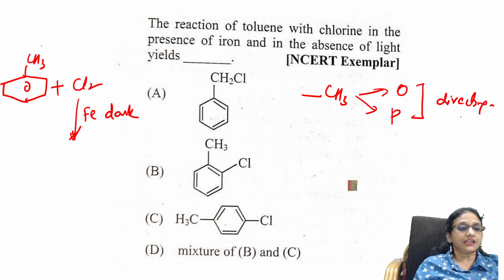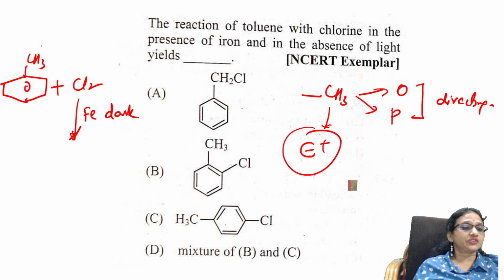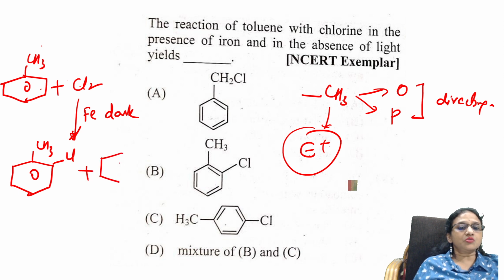Now, this is an electrophile also, correct? So, where will it go and attack? It will go and attack at the ortho position and para position. That electrophile, whatever comes inside. So this methyl group allows the chlorine to go into two sites. One is CH3 here at the ortho position, and one more is at the para position.